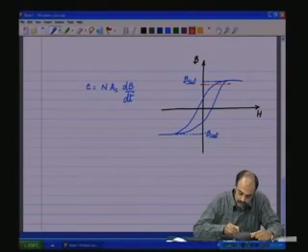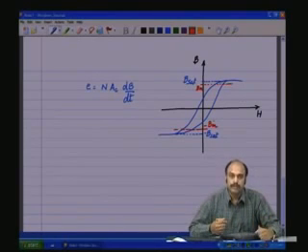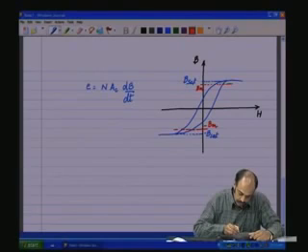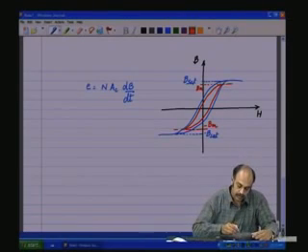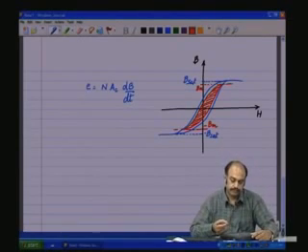Let us say that we do not allow for saturation and that the flux is allowed to swing only between some plus Bm to minus Bm, which is less than B sat. So, then the whole swing of the BH loop is like that. That will be the BH loop that will be traversed if the flux within the core were Bm, that is, it swings from minus Bm to plus Bm to minus Bm, and so on.